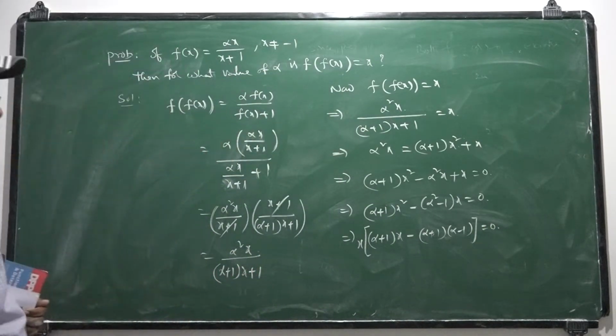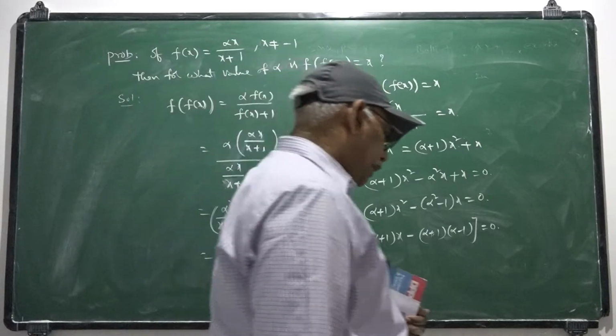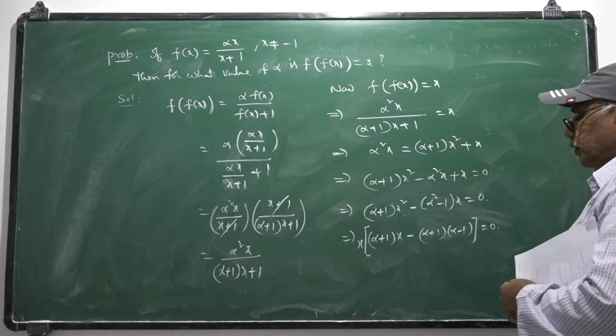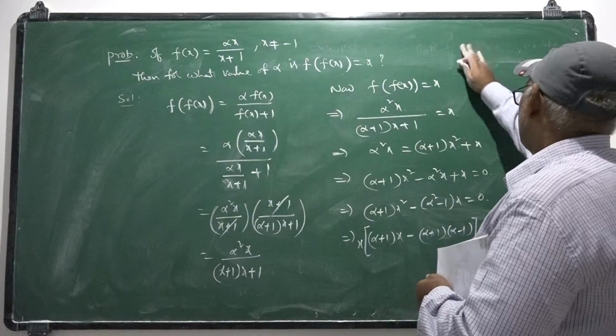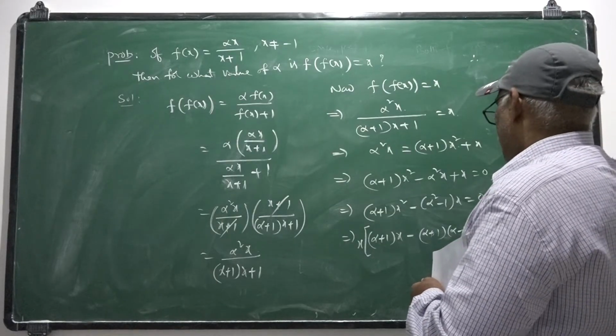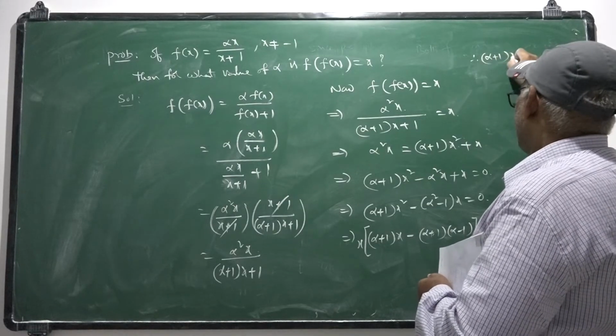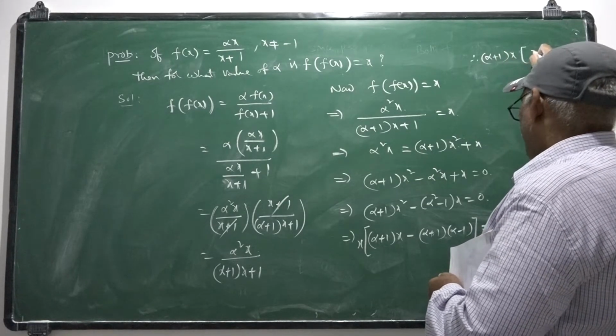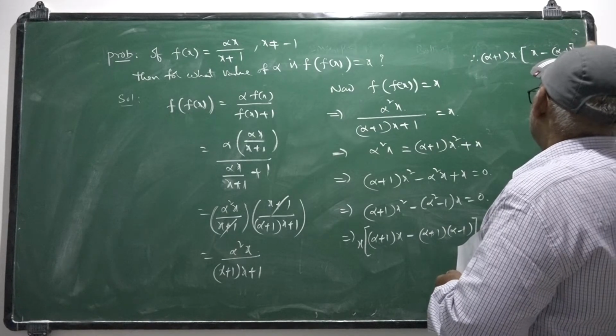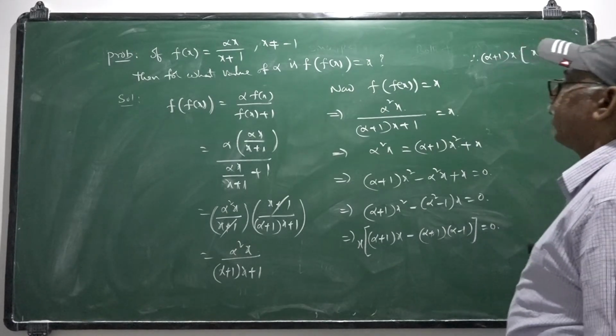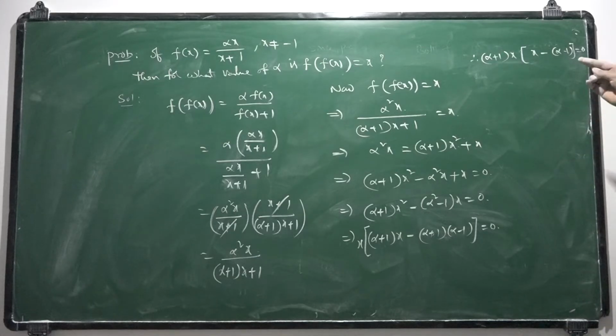X is not 0. Once x is 0, the function f(x) is 0 itself. So therefore, taking alpha plus 1 into x into x minus of alpha minus 1 is 0.